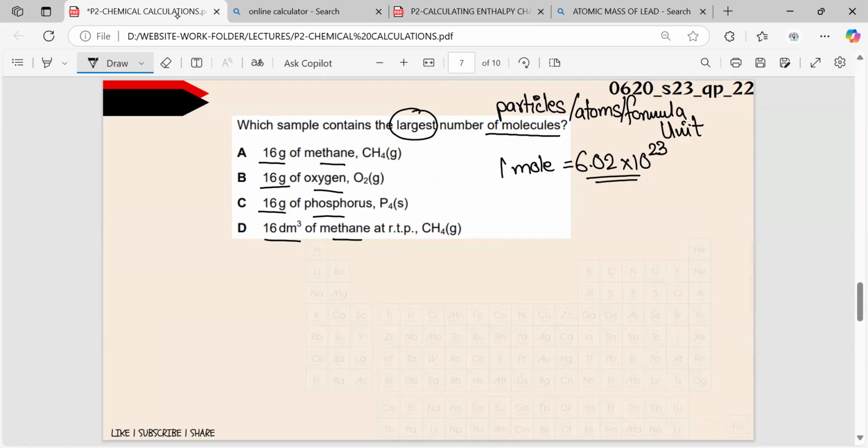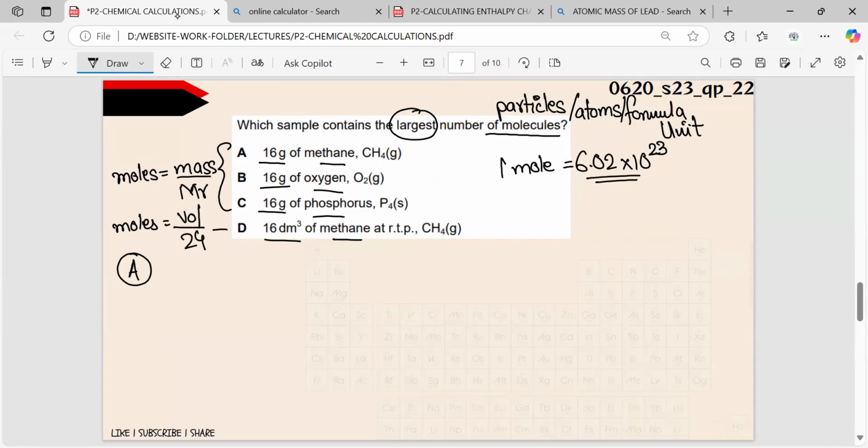So for the first 3 options, we will use the formula moles is equal to mass over molar mass. And for the D option, we'll use the formula moles is equal to volume over 24 decimeter cube.